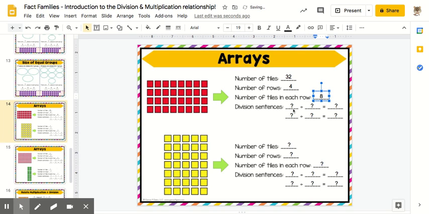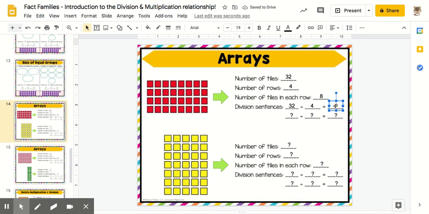And then our division sentence. So we have our giant number here. That's going to be where we start with 32, and then we can either divide by the number of rows, which would be 4, and how many in each row, we've already answered that. We've got 8.